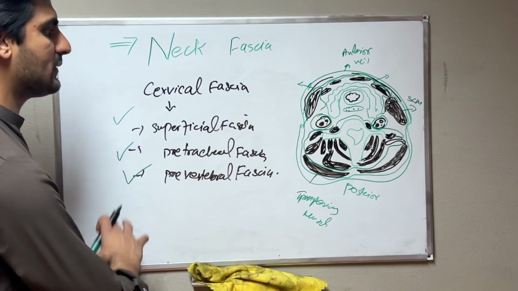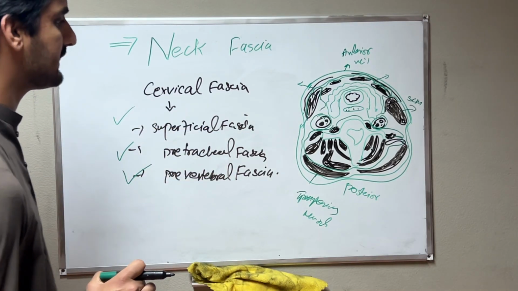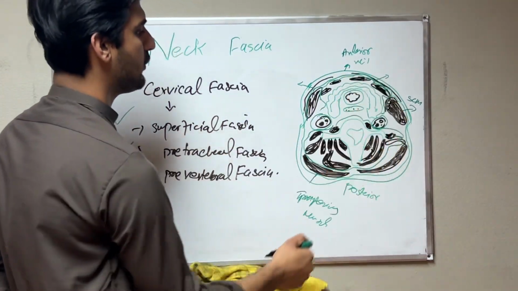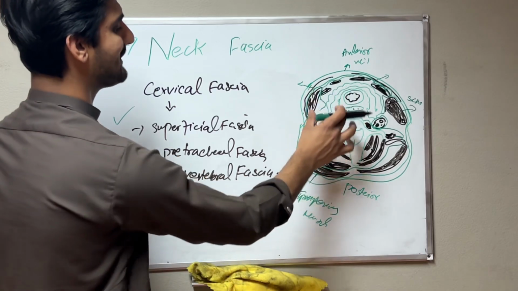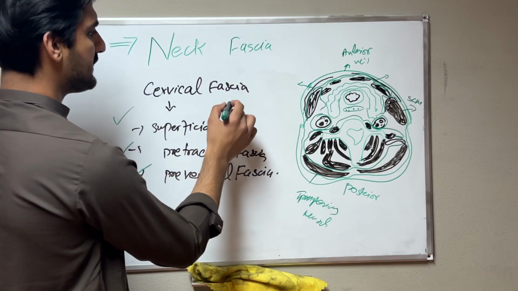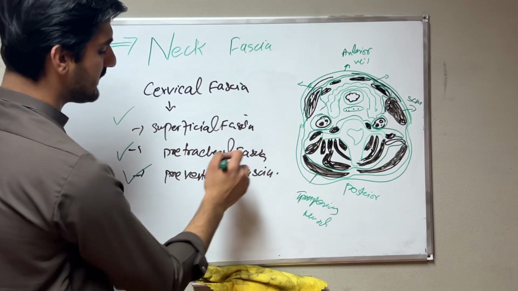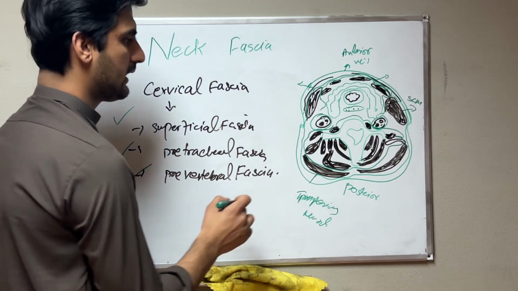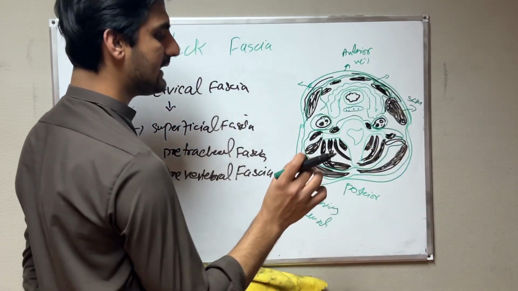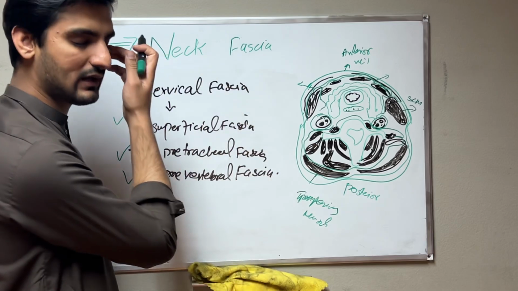Again, I will give a short summary. If you don't understand, this is the perspective of the neck, where we see the muscles easily, anterior and posterior. The cervical fascia is divided into three fascia: superficial, pretracheal, and prevertebral. Beneath the skin there is one layer, the superficial fascia, which covers our whole body.